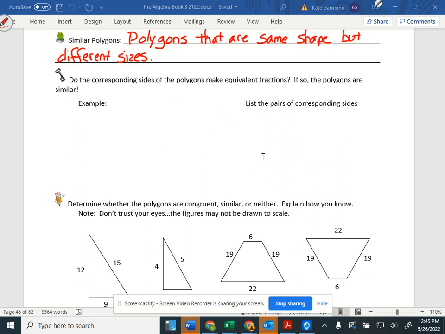So the rest of it: angles are congruent.